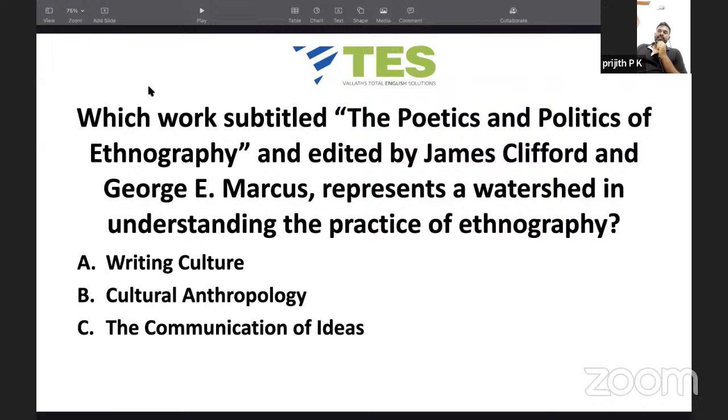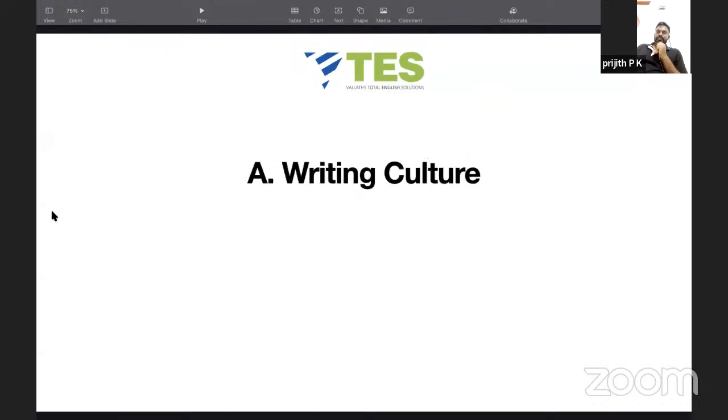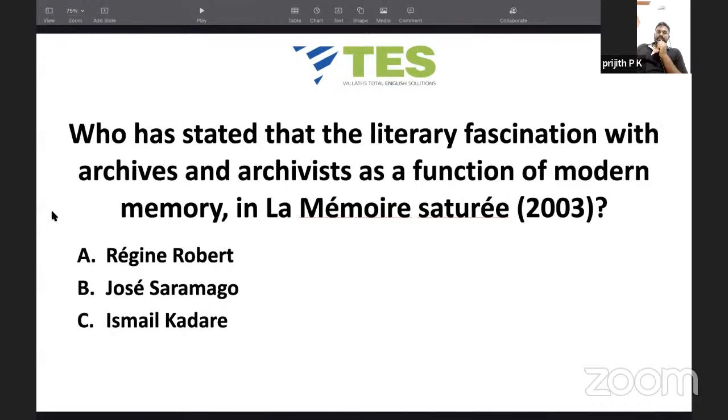The answer is Writing Culture. Next question. Who has stated that the literary fascination with archives and archivists is a function of modern memory in La Mémoire Suture, 2003? Regine Robert, Rio Saramago, Ismail Kadare.